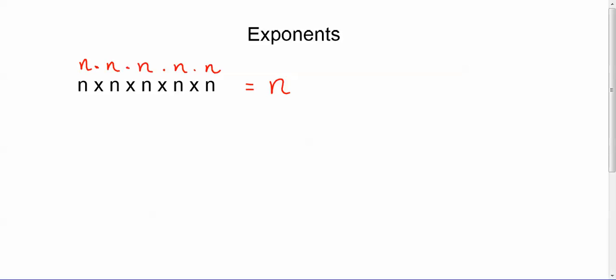You write your base number, the number that's repeatedly being multiplied. That's your base. And then your exponent is how many times it's being multiplied by itself. So 1, 2, 3, 4, 5 times, you're going to put an exponent of 5, which is the little number up in the right hand corner. That's how you write exponents when it comes to algebra.